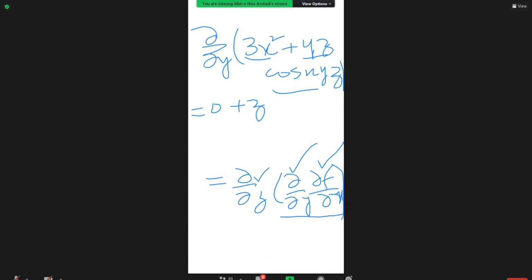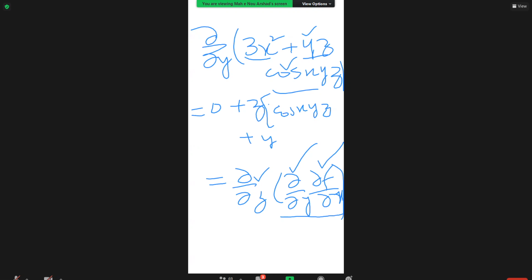So z I take as a constant, and for y and cos xyz I will apply the product rule. By using the product rule, the derivative of y is equal to 1 and cos xyz as it is, plus y as it is.